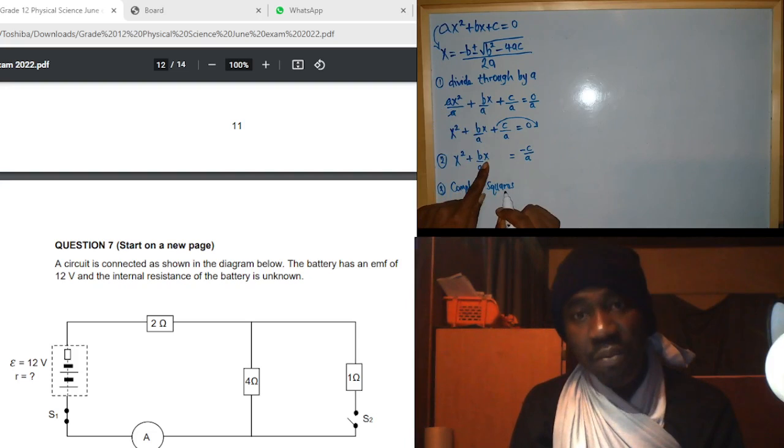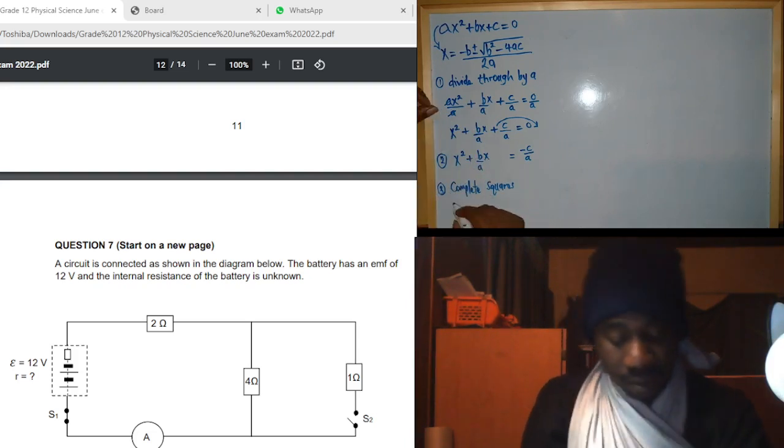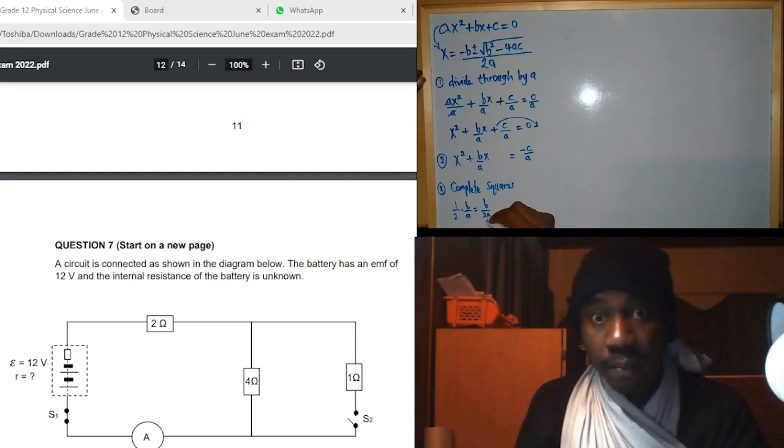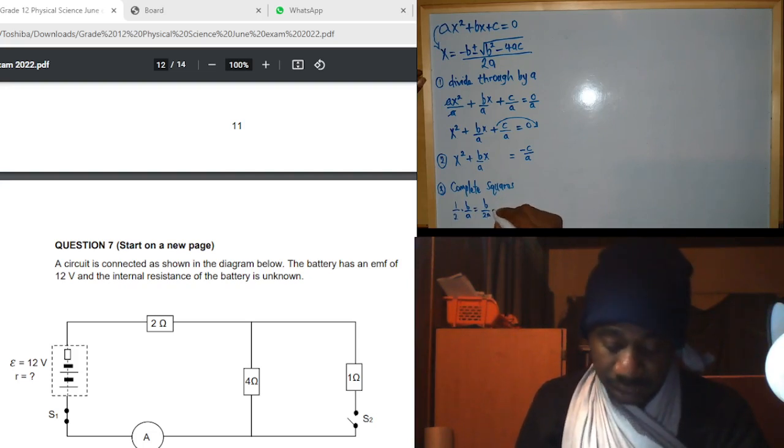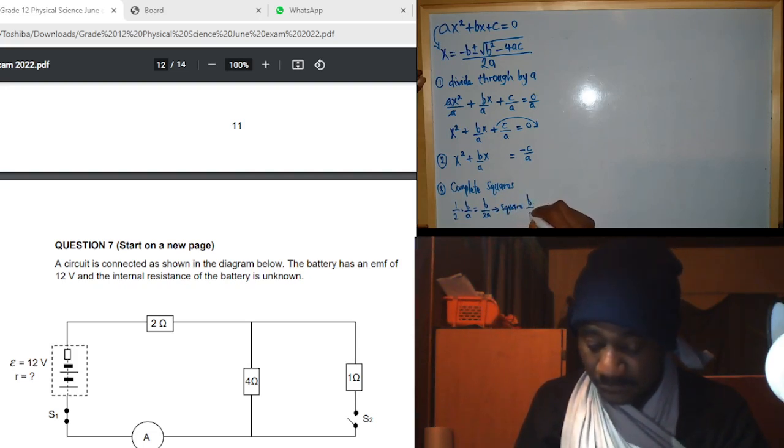The coefficient of x in this case is b over a. So if we find half of b over a, that gives us b over 2a. Right? The next thing we have to do is we have to square b over 2a.